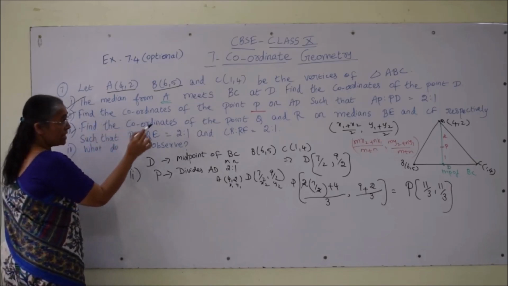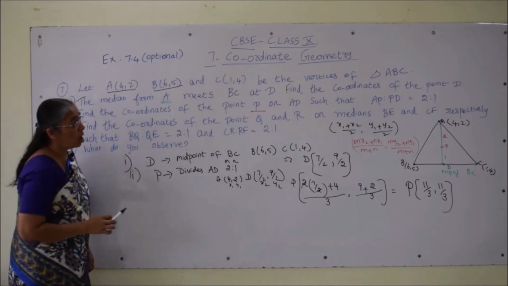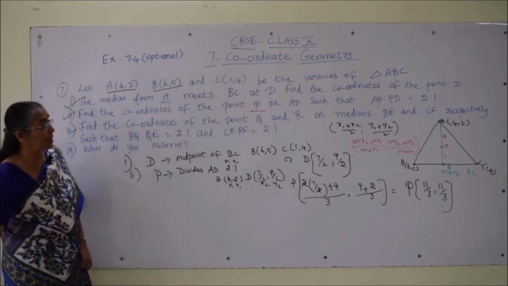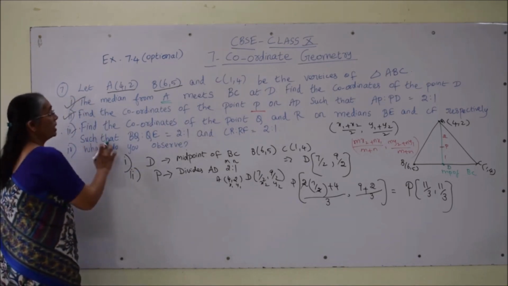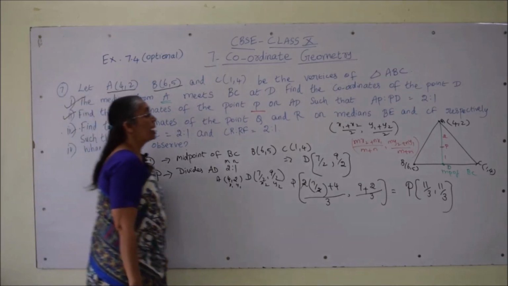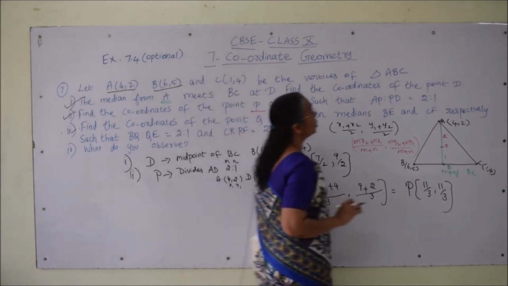Find the coordinates of the points Q and R on medians BE and CF respectively, such that BQ to QE is 2:1 and CR to RF is 2:1.